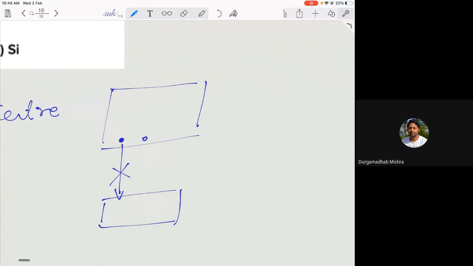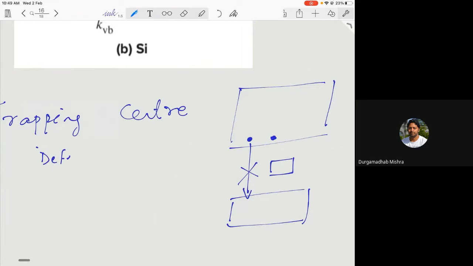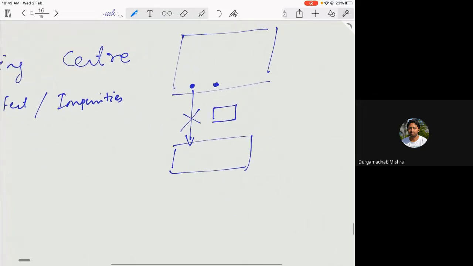You have some trapping center here, which can be a defect or impurity atoms. They have localized energy levels, and the electron from here will now jump here.